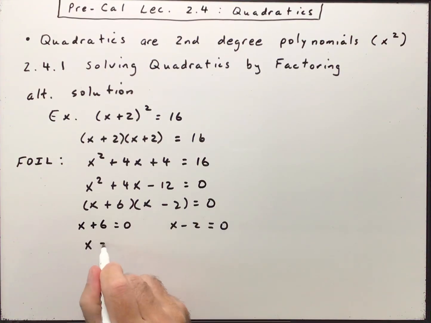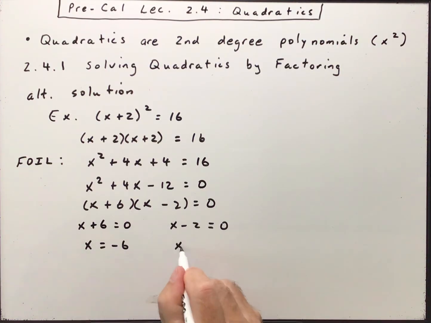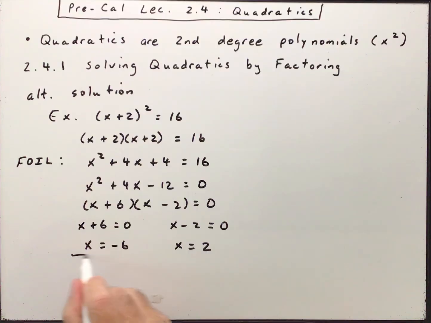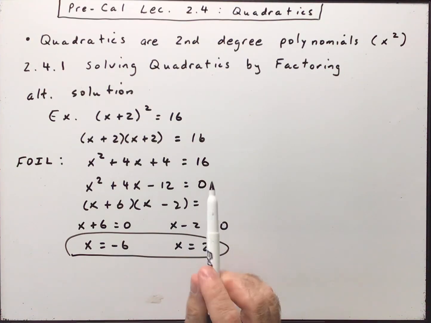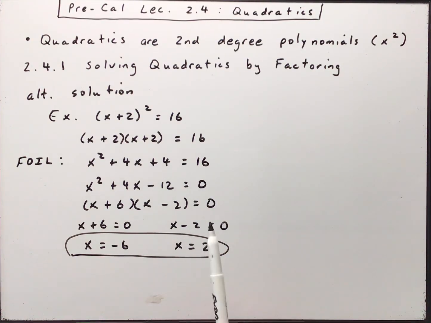So x is equal to −6, and x is equal to 2. So you got the same answer, and you didn't have to remember the plus or minus square root of 16. Okay, so that's another way to do it. Either way is fine with me.